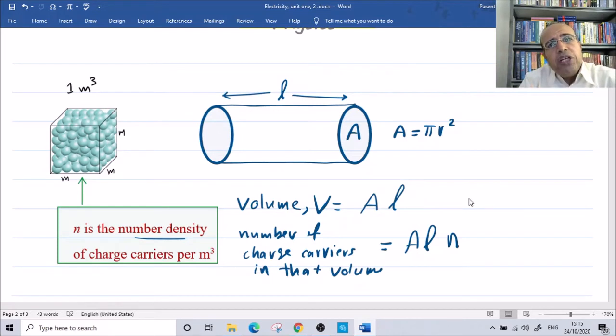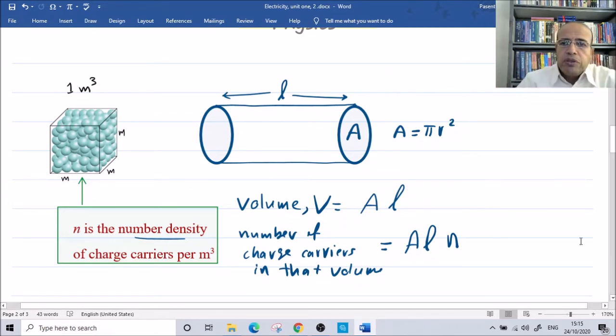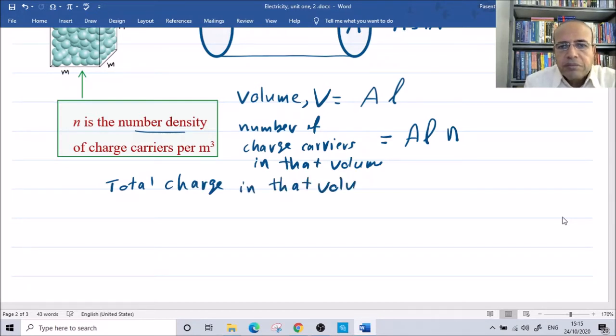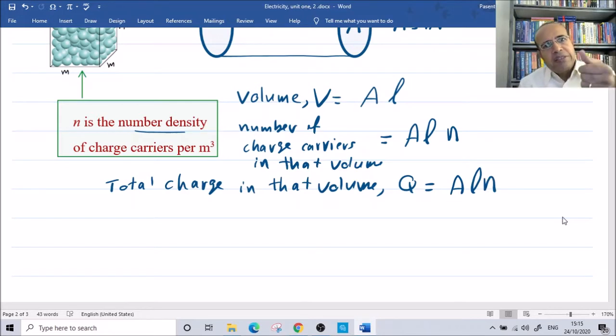The charge of each electron is E. So the total charge of charge carriers in that volume, denoted by Q, equals the number of charge carriers in that volume multiplied by E, the charge of each electron. Let this be equation number 1.